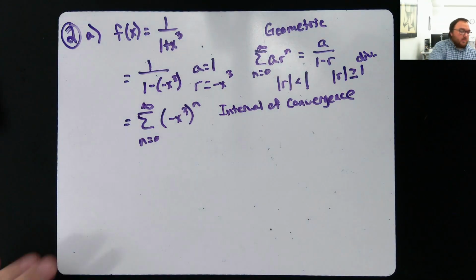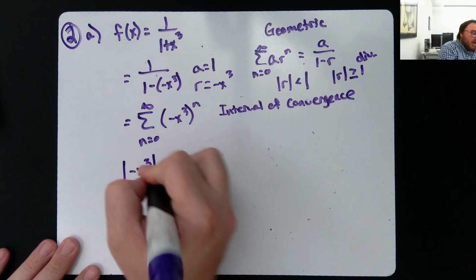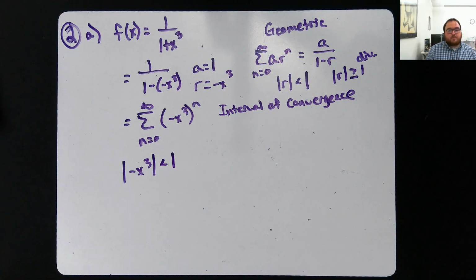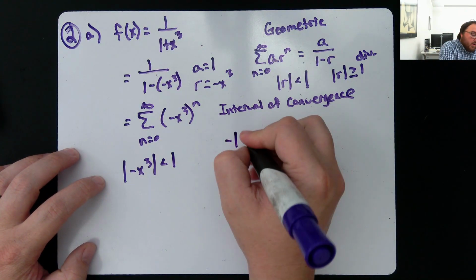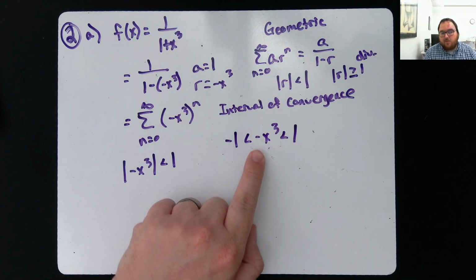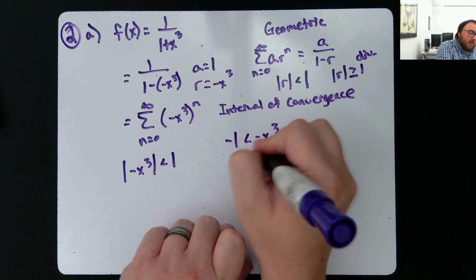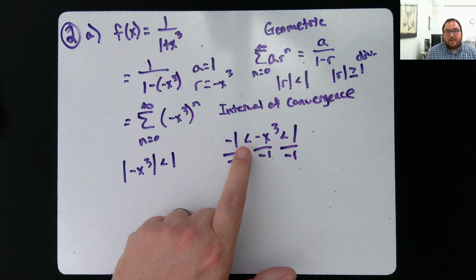So we said our r was negative x cubed, so the absolute value of negative x cubed has to be less than 1. The absolute value means it could be negative 1 or positive 1. The minus sign right here, we hate it, so divide everything by negative 1. Remember, dividing by a negative is going to flip my sign.